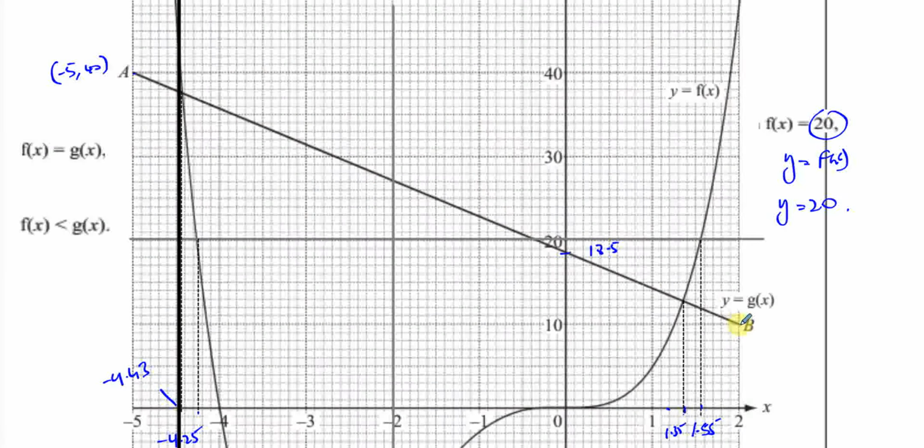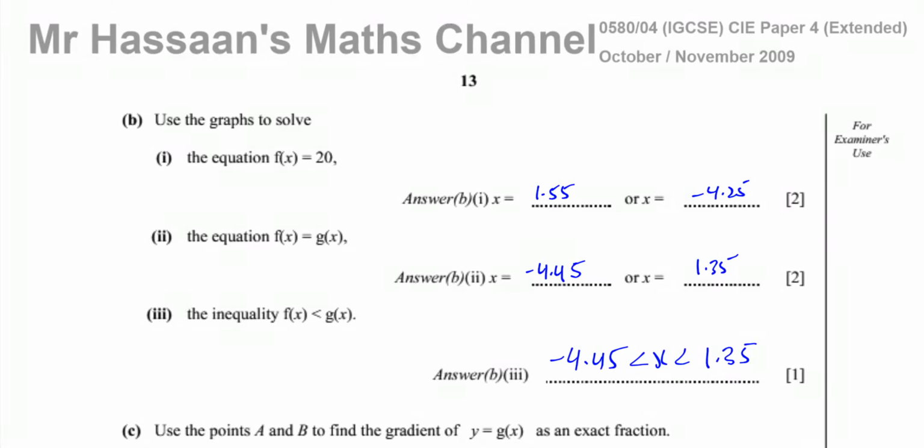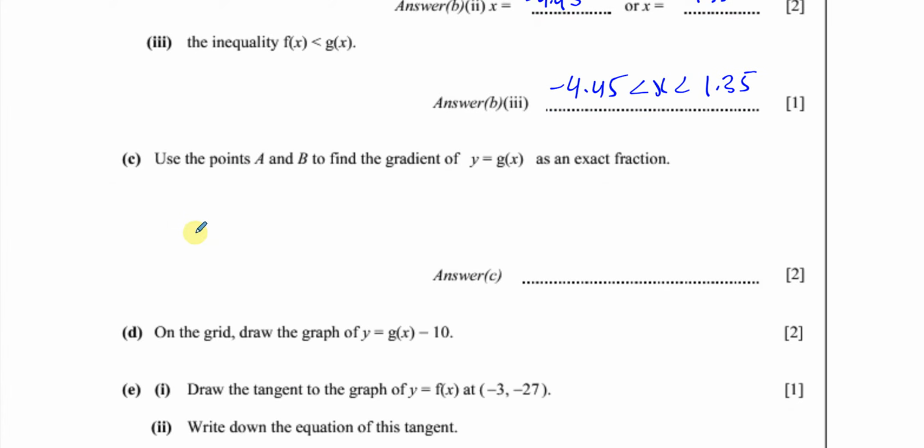And B is the point over here, which you can see is 2 and 10. So we have these two points: A is minus 5, 40 and B is 2, 10. We want to find the gradient of y equals gx as an exact fraction.